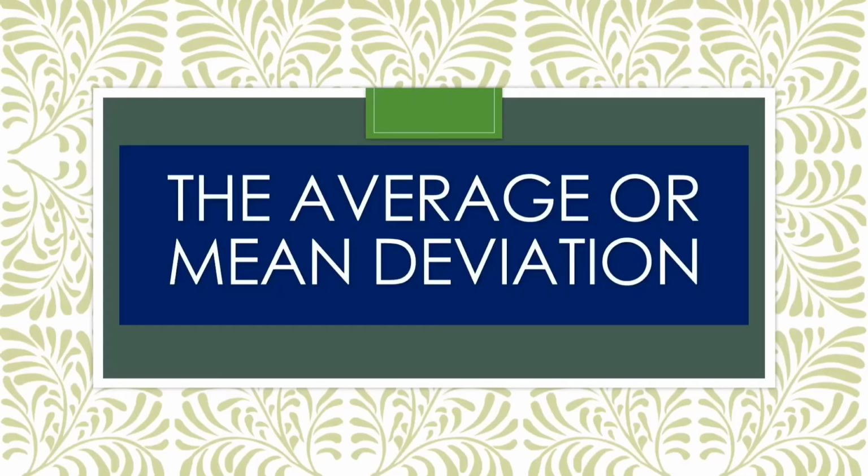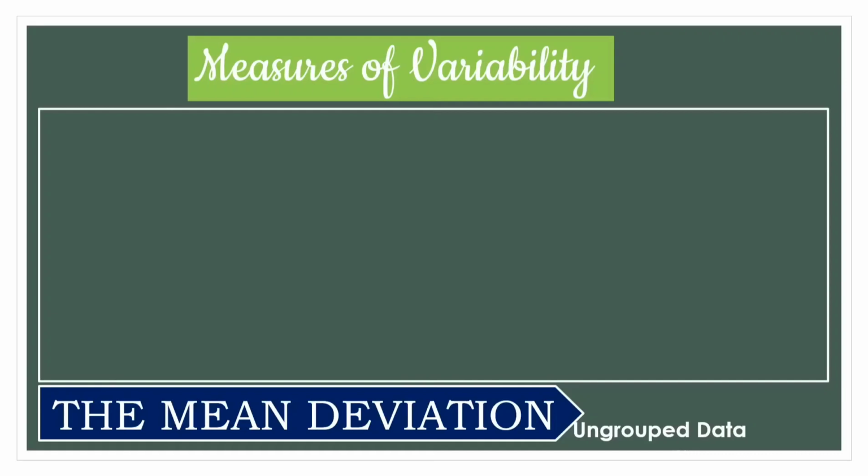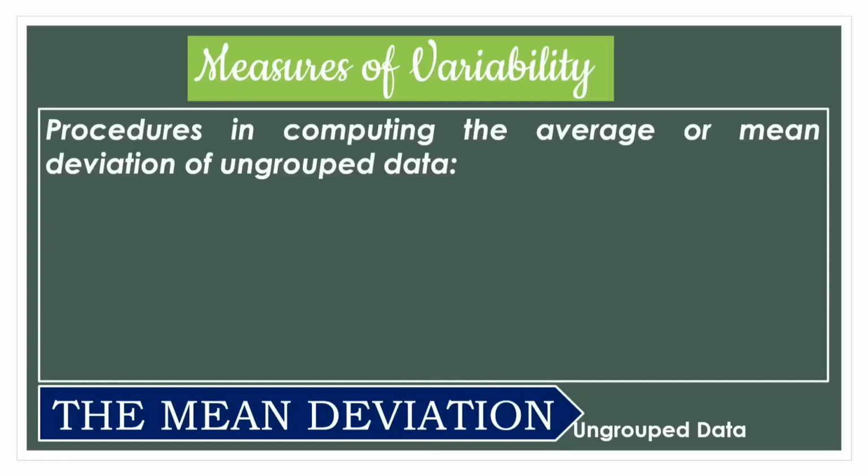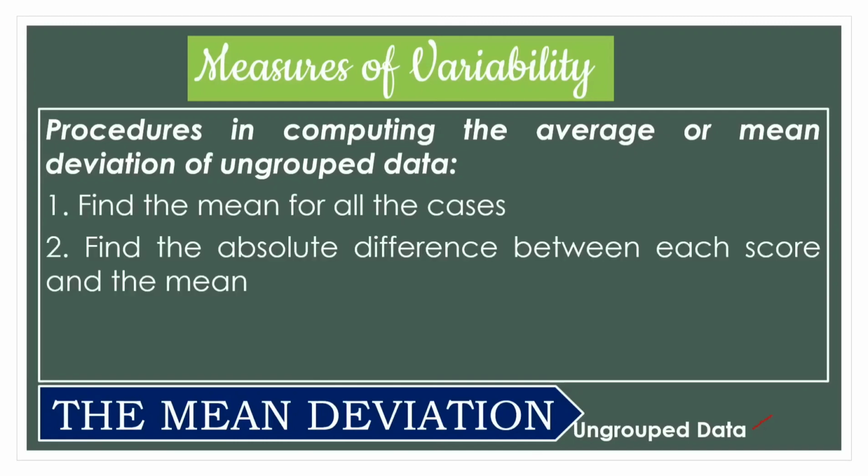Now, for average or mean deviation, this is our second measure of variability. First, let us deal with the mean deviation of ungrouped data. We have here a procedure. For step 1, we first find the mean of all the cases.